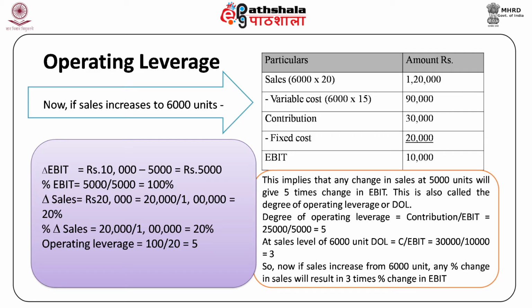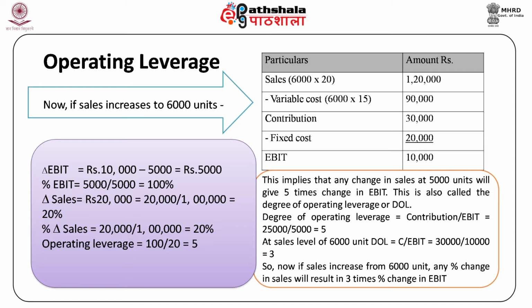Delta EBIT is equal to 10,000 minus 5,000 is equal to rupees 5,000. Percentage increase in EBIT is equal to 5,000 divided by 5,000 is equal to 100%. Delta sales 20,000 and percentage change in sales is 20,000 divided by 1 lakh, 20%.